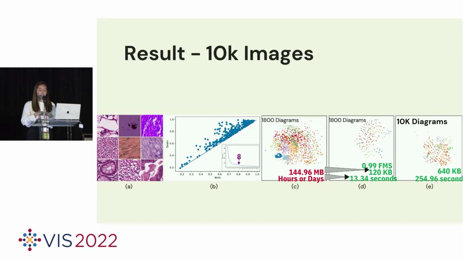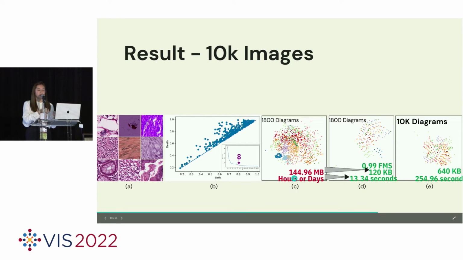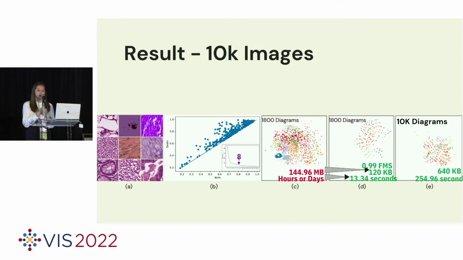In order to compare the quality and the speed of our learned representation, we first evaluate the runtime for the original topological distance and the Hamming distance. This result is on a subset of this data set. For the original topological descriptors with other approaches, the runtime for the pairwise distance matrix takes from hours to days, and our method only takes less than 20 seconds.